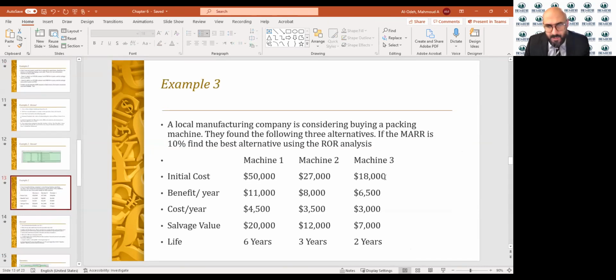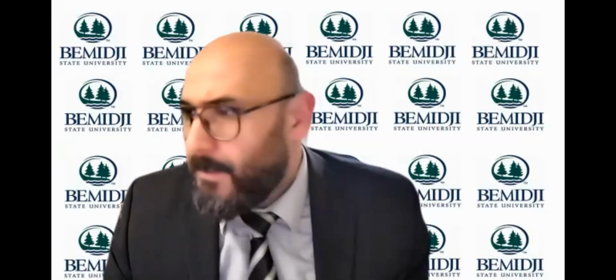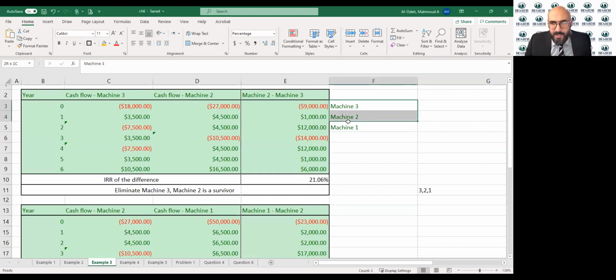And in example 3 here, you will see the least initial cost is between machine 3 and machine 2, 18 and 27. So we will build the cash flow for machine 3 and machine 2. Okay, we rank the machines 3, 2, and 1. Machine 3 is the least expensive one, machine 2 is the next, and machine 1 is the most expensive one.